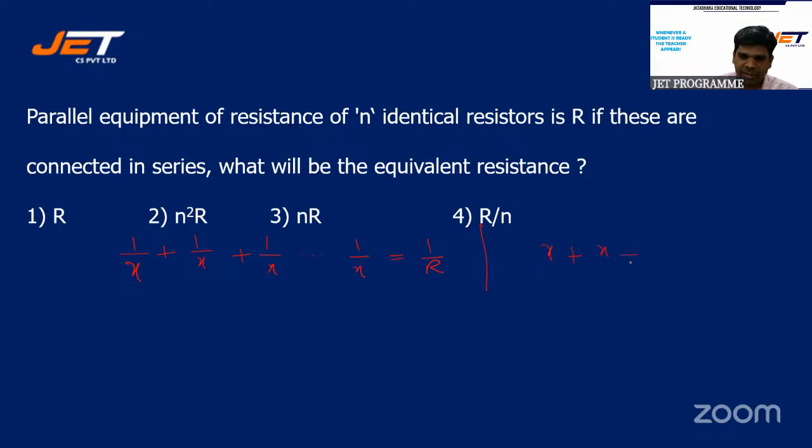X plus X plus X so on n terms, so we get nX. The required answer is nX. But I need X in terms of R. So here n by X is equal to 1 by R, so X is equal to nR. If I substitute this, the required answer, the effective resistance in series, is n times nR, which is n square R.